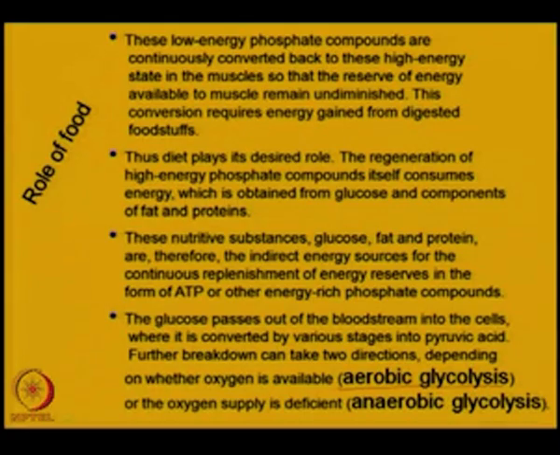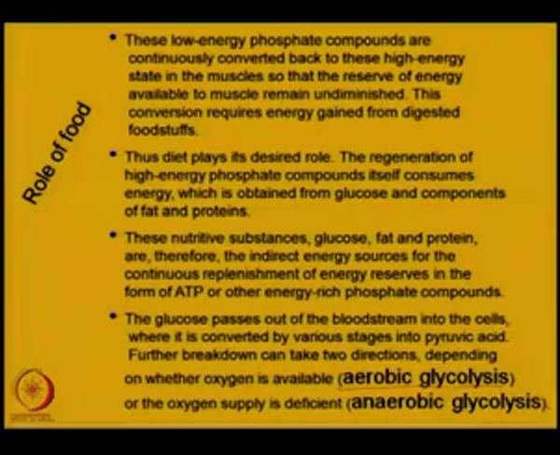If the diet is not proper, then this energy formation will also be less, and the total activity of the muscle will also decrease. The regeneration of high energy phosphate compounds with ATP itself consumes energy; after consuming energy it stores it, and this energy is obtained from glucose and components of fat and protein.